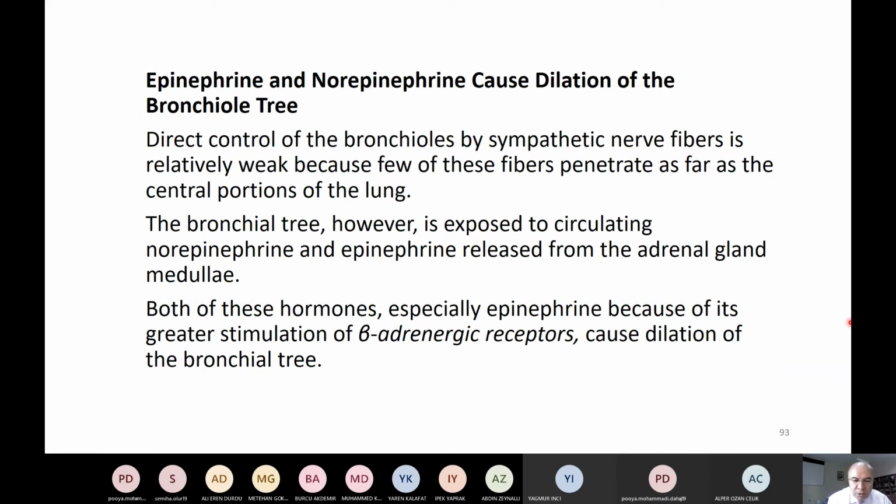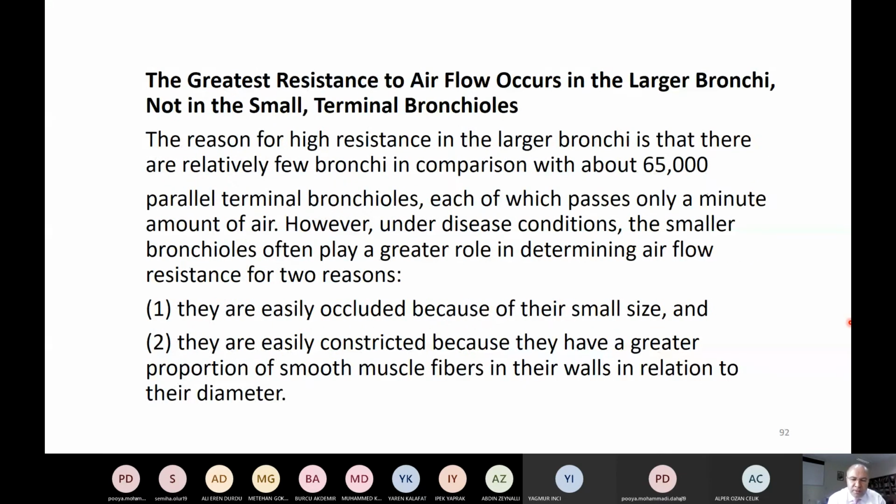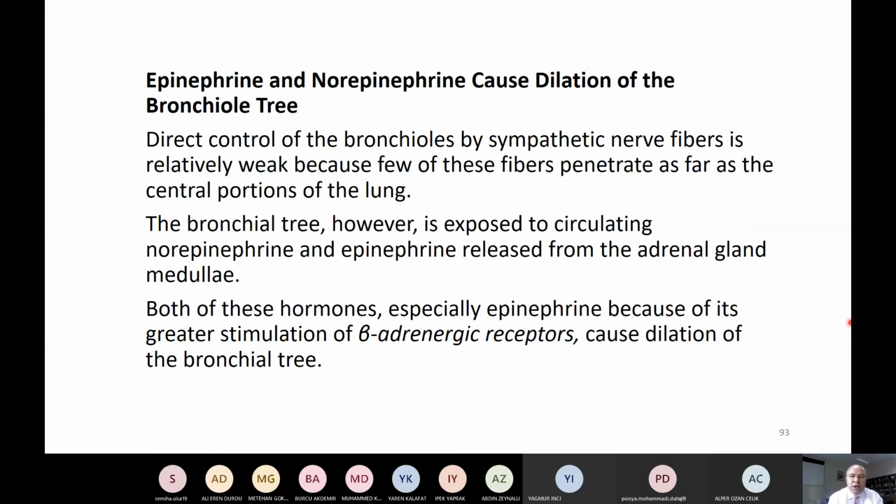Also edema, mucus secretion, and constriction of smooth muscles can easily block the air passage in these small bronchioles. They don't have cartilage on their walls at all. Now, epinephrine and norepinephrine or sympathetic stimulus can cause dilation of the bronchial tree.